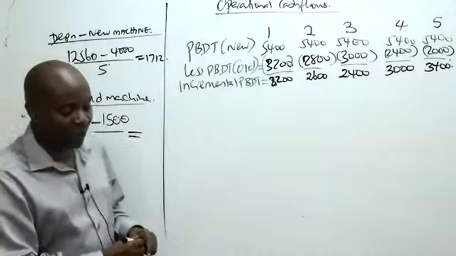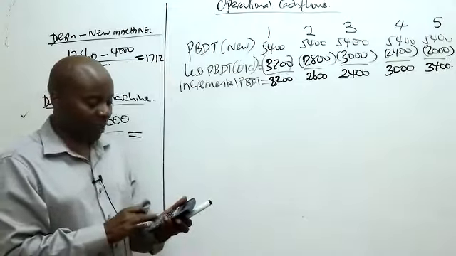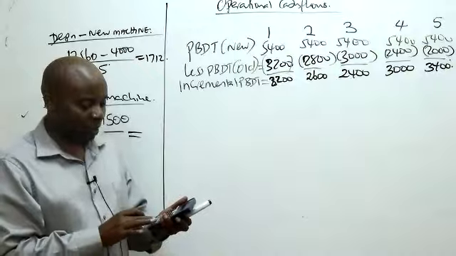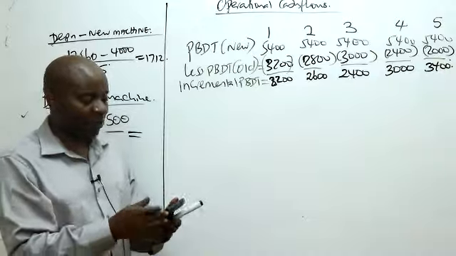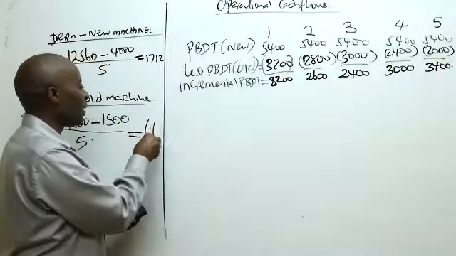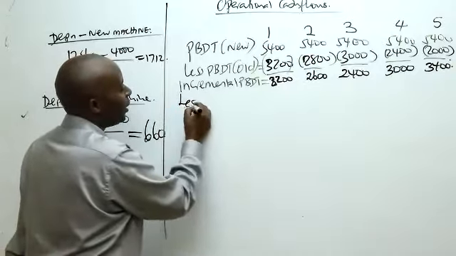So let's see whether those students got it right. 4800 minus 1500 equals, divided by 5. We are supposed to get 660. Thank you very much for trying, although you are wrong there. So come and less depreciation here.